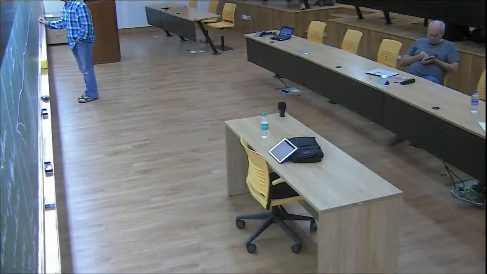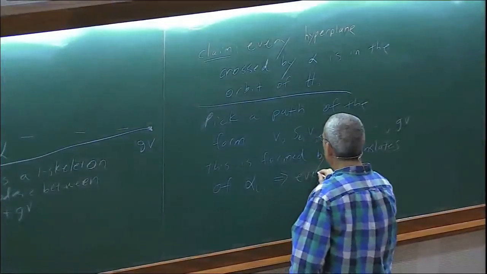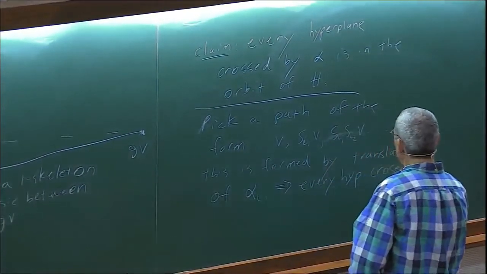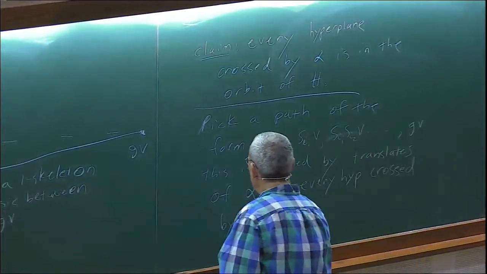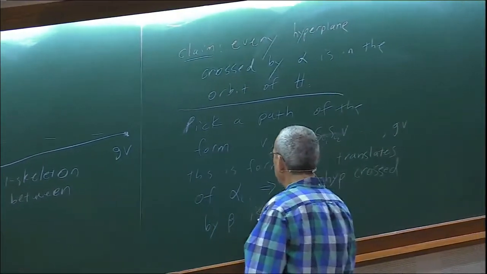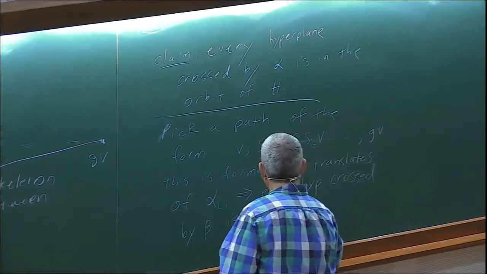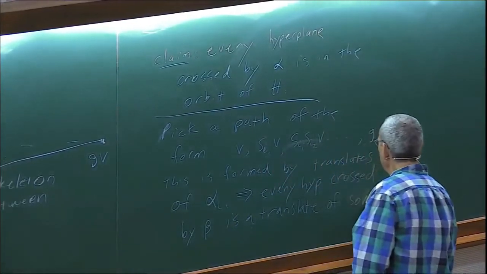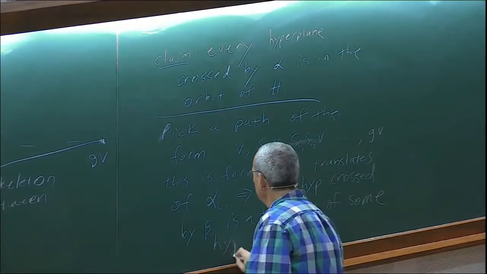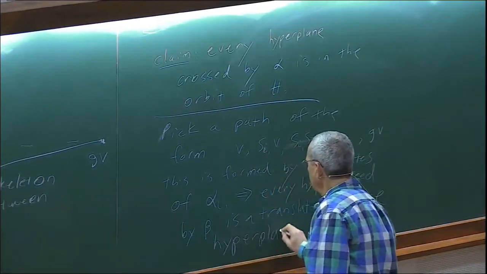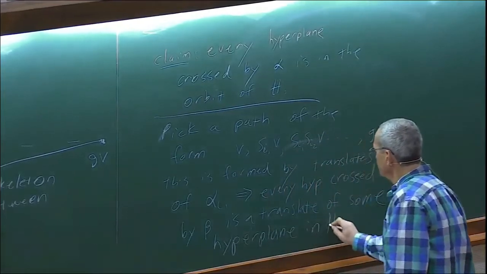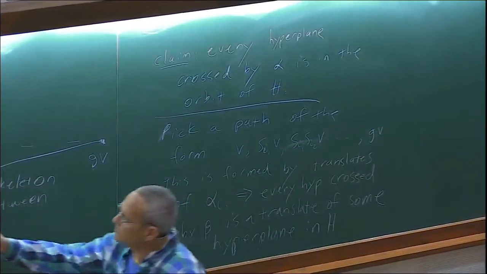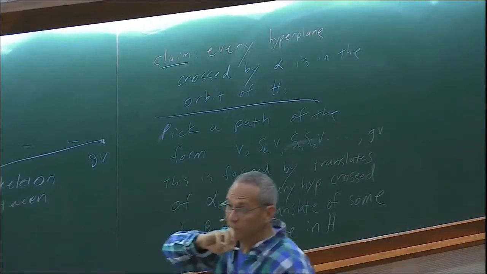And this will tell you that every hyperplane crossed by beta is a translate of some hyperplane in H, but all the hyperplanes crossing alpha will live inside there.